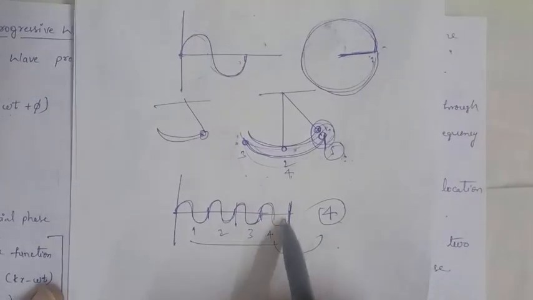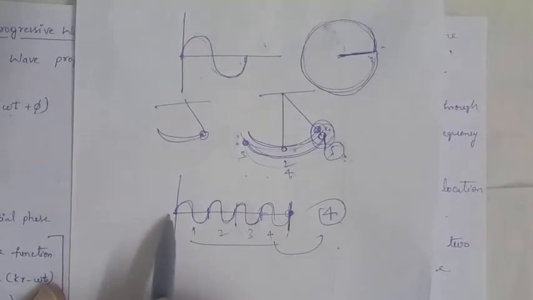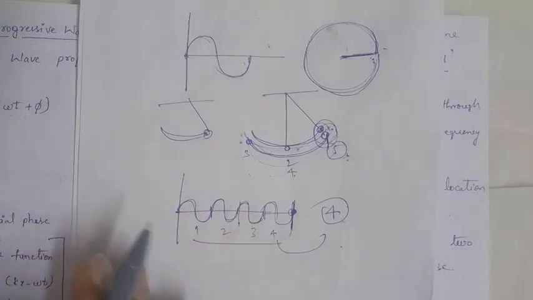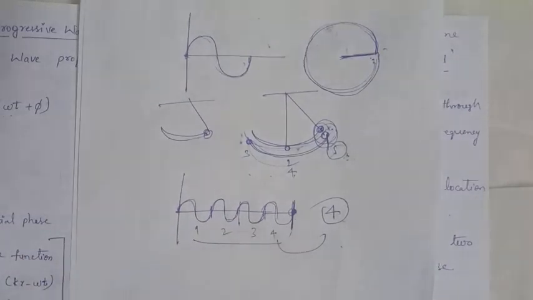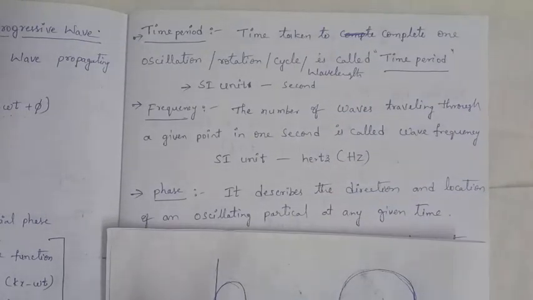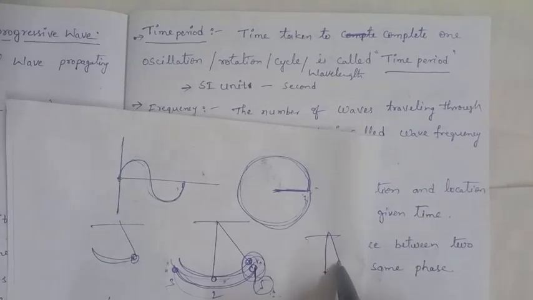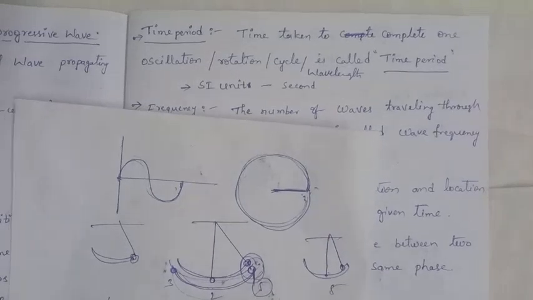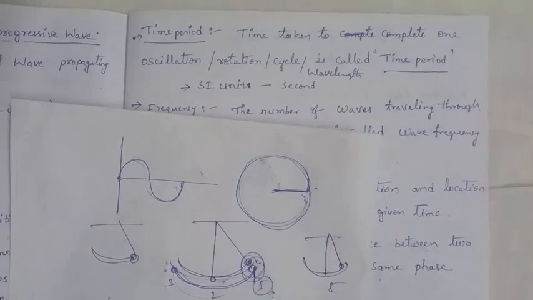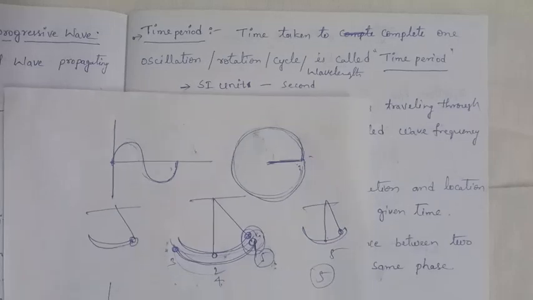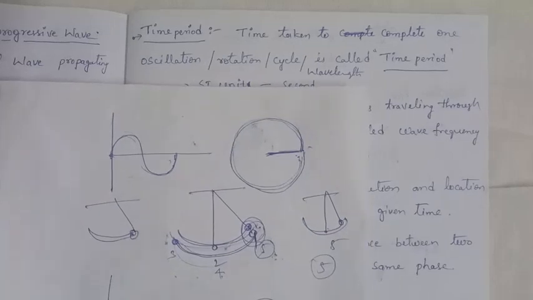Another definition from your first year: the frequency is the number of oscillations per second. If a simple pendulum does 5 oscillations per second, then 5 is the frequency.